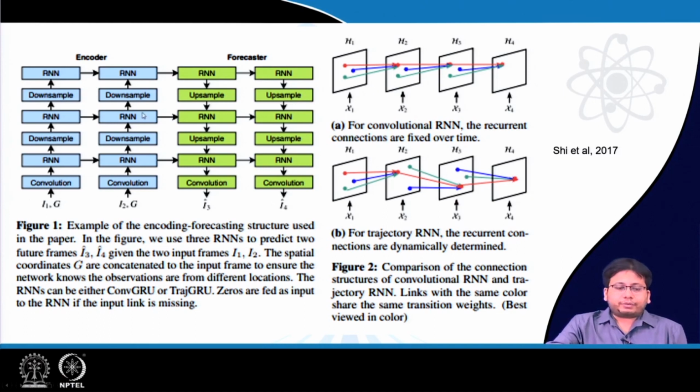In ConvLSTM the same thing is used all the time, but in what they call TrajGRU, as you can see, the connection structure changes from one input point to another: at t equal to 1 it is something, at t equal to 2 it will be something else, and so on. These changes are not random, but depend on the current memory state and so on.